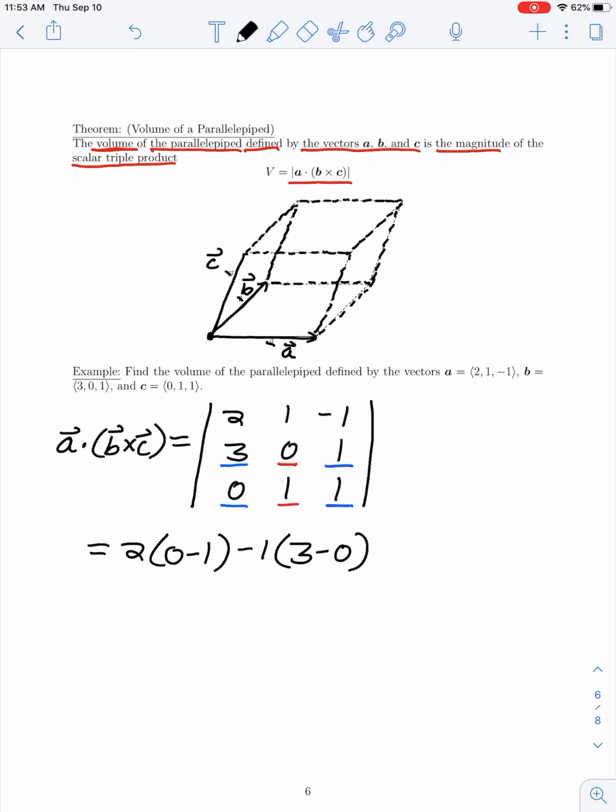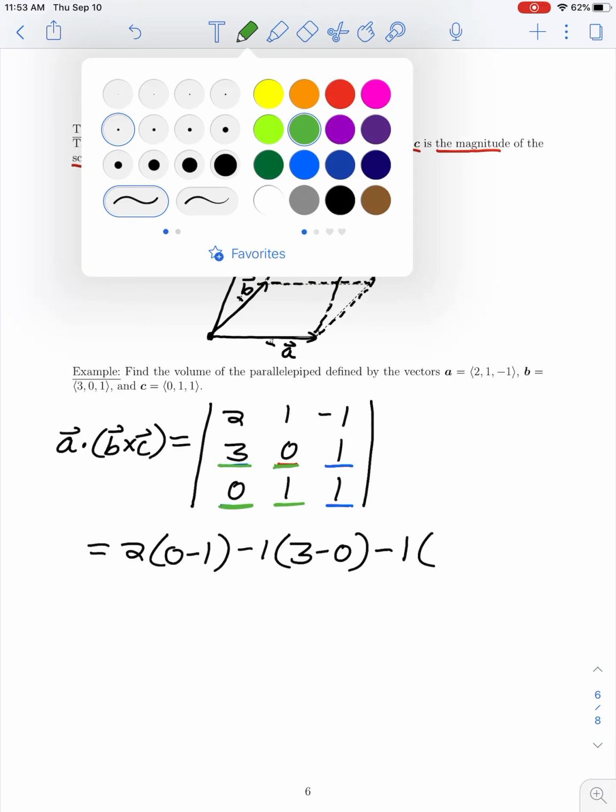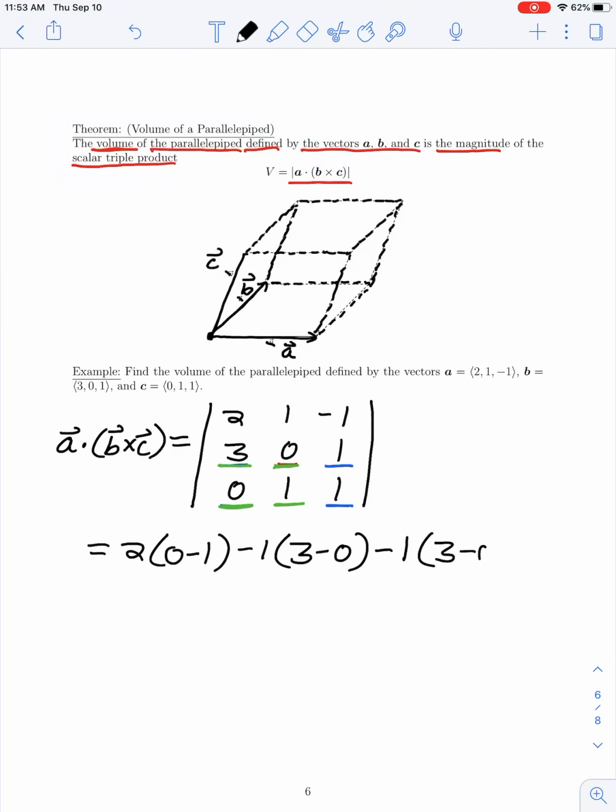And then I add the last entry in my first row, which was a negative 1, times the determinant of the 2 by 2 submatrix I get by deleting that first row and third column. So I would have 3 times 1 minus 0 times 0. That would give me 3 minus 0. So let's see what we're left with. We've got negative 2 minus 3 minus 3, which leaves us with negative 8.